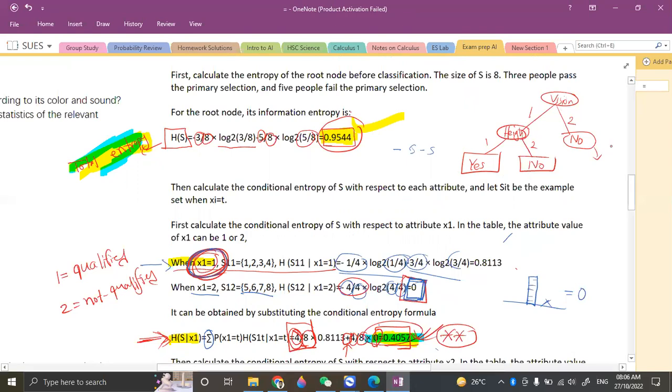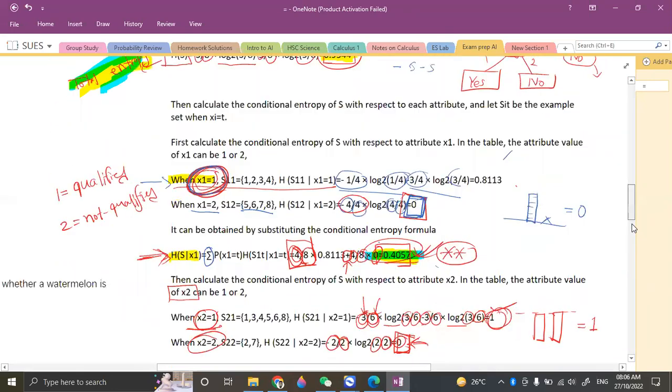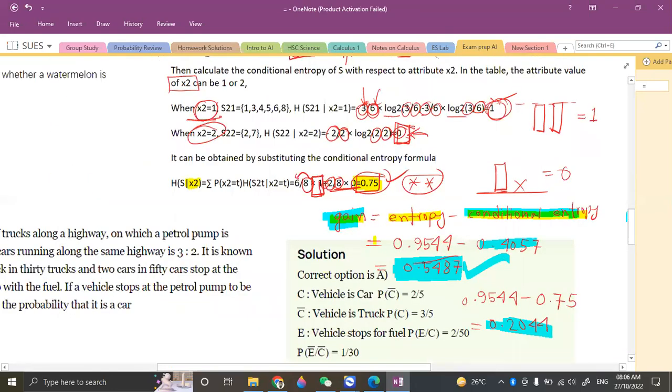So let me explain a bit. Firstly, we found that the highest information gain is from vision, that is 0.5487. This is the highest gain. And for height, the information gain was 0.2044. So as this is the highest gain, this will be our root node.